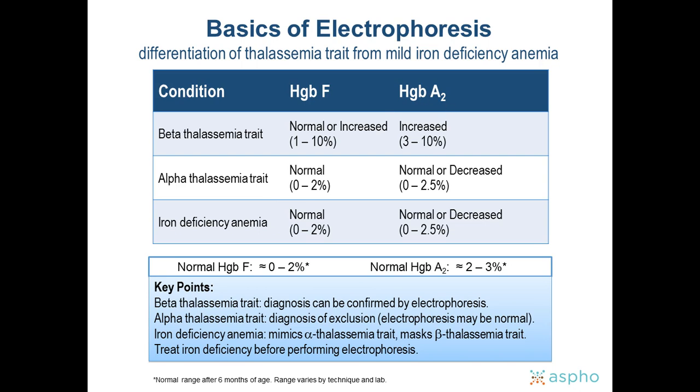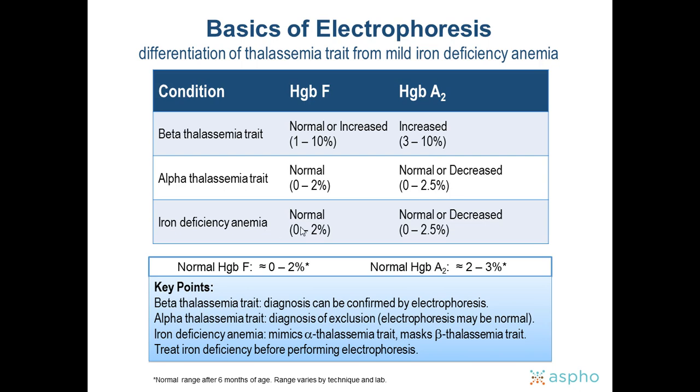So if you see elevated A2, 9.9 times out of 10, that means a form of beta thalassemia. There are other causes of elevated hemoglobin A2 that hematologists should know about that are rare, but almost always hemoglobin A2 elevation means beta thalassemia trait. Alpha thalassemia trait will give you either a normal pattern or a low hemoglobin A2. So high A2 beta thalassemia trait, normal or low alpha thalassemia trait.